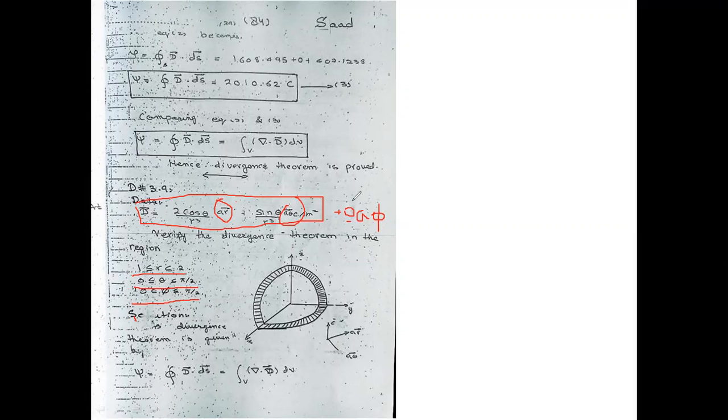So again we have to prove the divergence theorem, this and this. We will start with the del operator. The del operator for the spherical coordinate system is 1 over r squared, we have already studied these in the previous lectures, 1 over r squared partial over partial r.